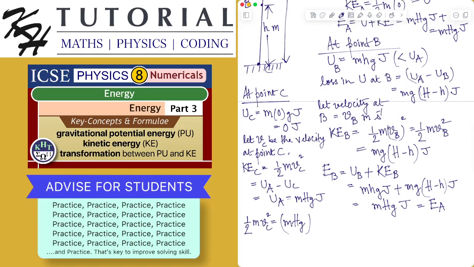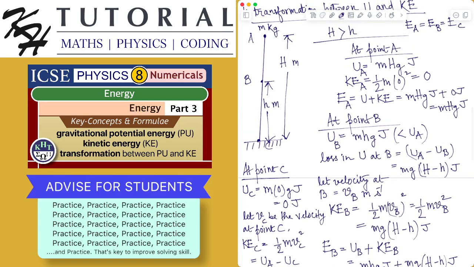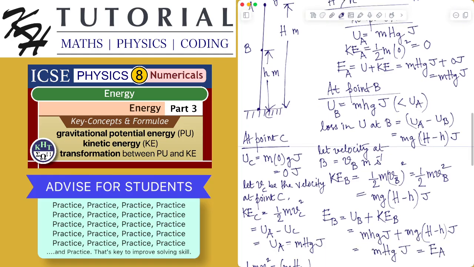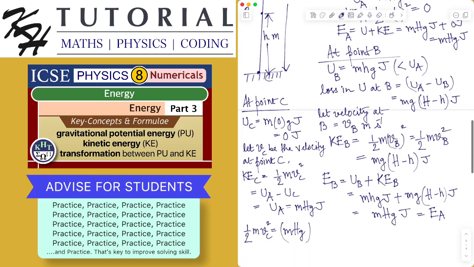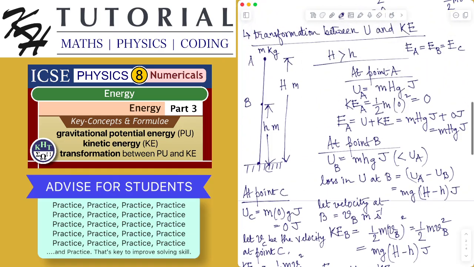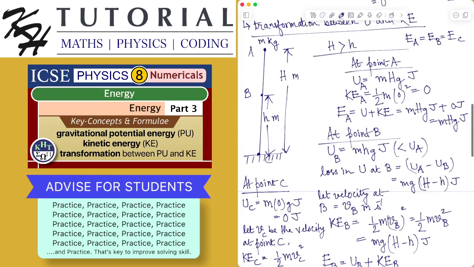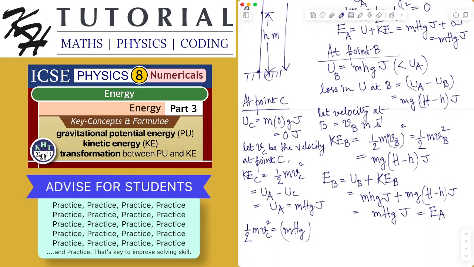So at the position C, the body lost all the gravitational potential energy, which was m capital H g when the body was at position A, and all of it, that is UA, was converted to kinetic energy, which is half m Vc square, and which is equal to m capital H g. So if you are given capital H and asked what will be the velocity of the body when it reaches the ground, you can apply this formula.